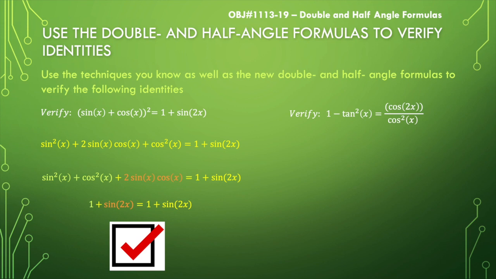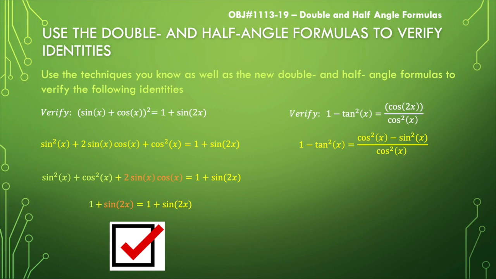What is the cosine of 2x? And remember, we have 3 different options. I'm going to start with my favorite of the 3, cosine squared of x minus sine squared of x. So let's just rewrite the right-hand side so it looks like that.